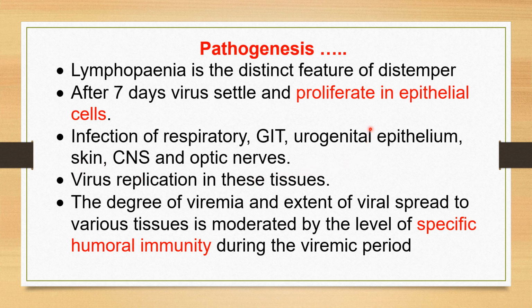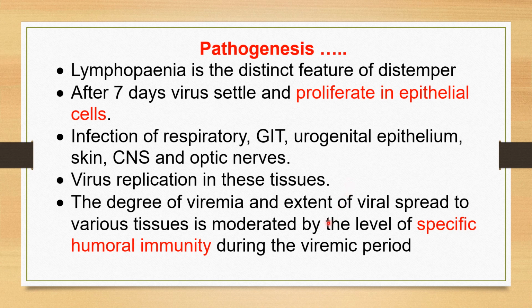And due to these various types of infection, there are various forms of the disease: pulmonary form, gastrointestinal form, central nervous system form, cutaneous form and ocular form. This virus replicates in these tissues and produces pathology in these organs.